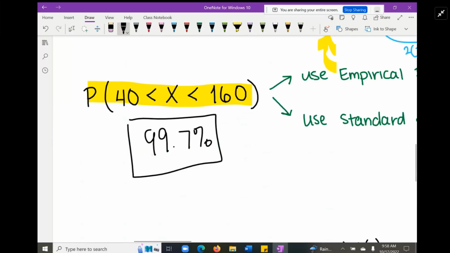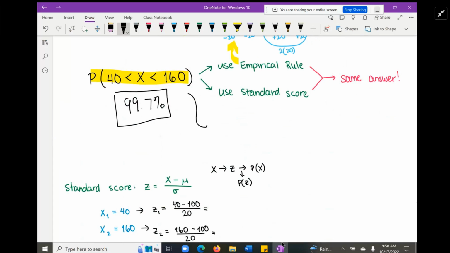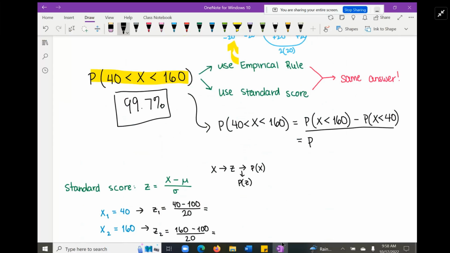What we're essentially doing is finding the z-score, and then using the probability up to those z-scores. So we subtract the smaller area for the smaller boundary from the larger area of the larger boundary. This is just one part of the setup, but when we find the z-scores, it's going to look something like this. Let me label them.